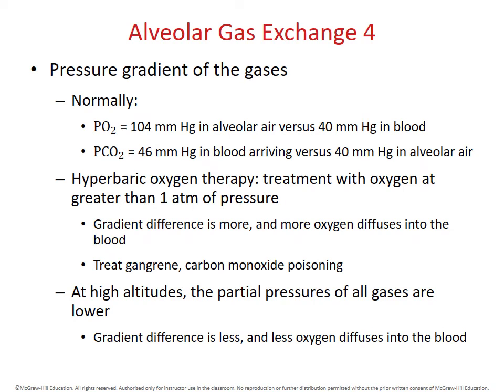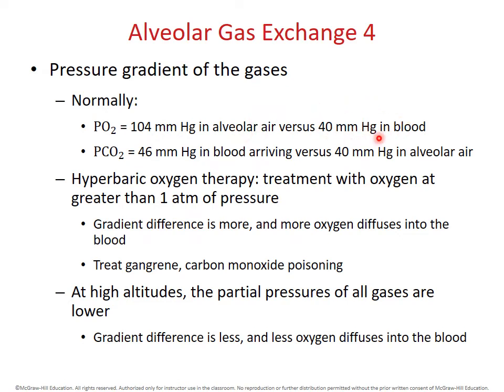Okay, so what are some actual numbers that help us understand why these gases move? Well, here we see some numbers. Typically, the PO2 of the air we breathe in and send to the alveolus is about 104. And again, all these numbers are assuming sea level. About 104 is the partial pressure of oxygen in the air that's in the alveolus.